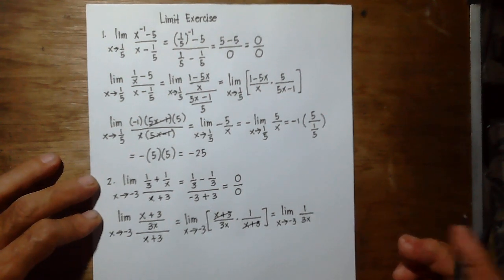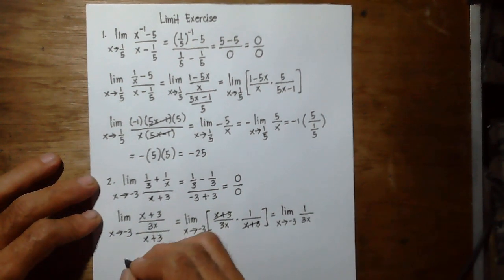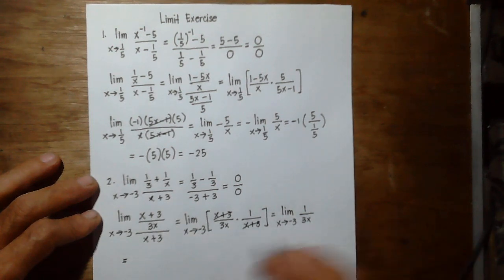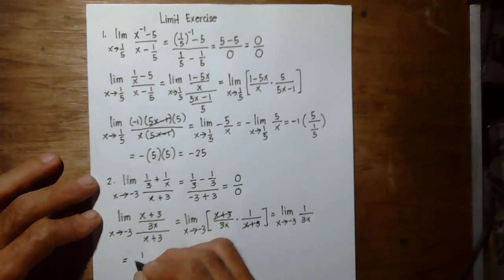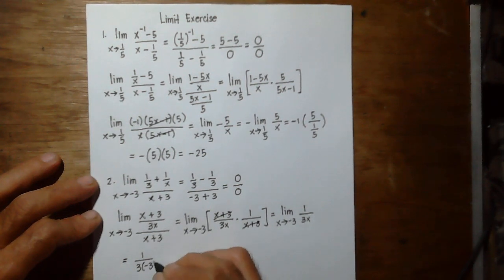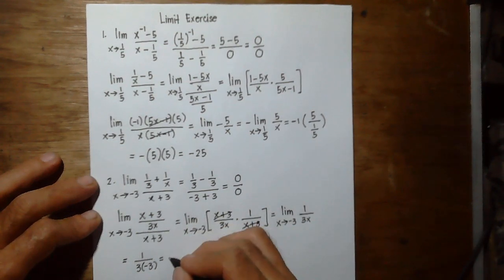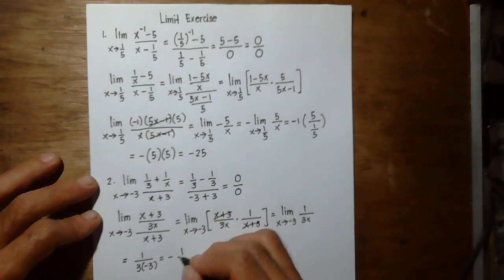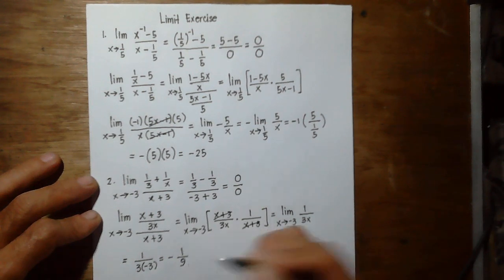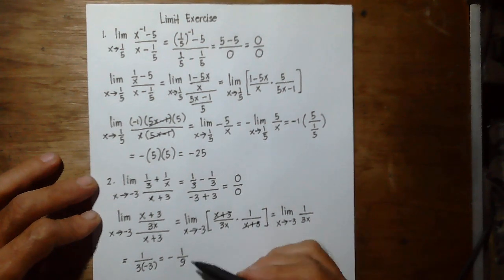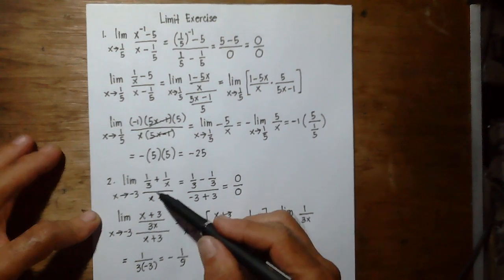Now we go to direct substitution. 1 over 3 times, substituting negative 3 for x, we have a negative of 1 over 9. And this is the answer for this limit exercise.